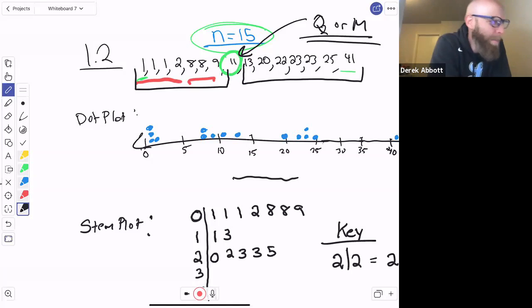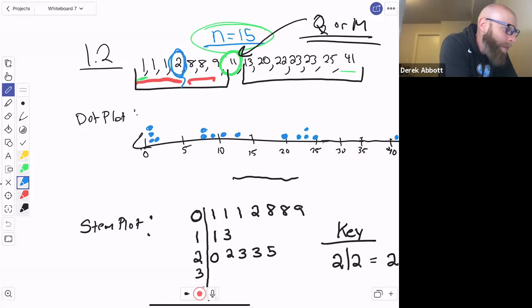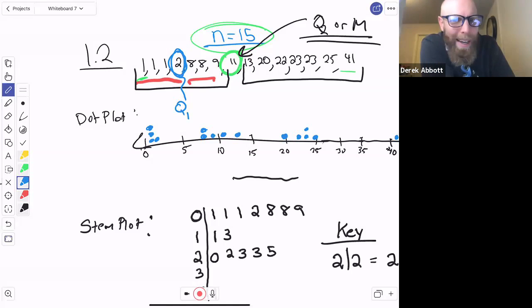All right, but let's talk about quarter one. Quarter one, or quartile 1, is the middle of the lower half of the data. So 1, 2, 3, 4, 5, 6, 7 values. So we want the direct center value of that. Well, that's going to be 2. There you go. There is quarter 1 of the data. Quarter 3 is going to be the middle of the upper half of the data. 1, 2, 3, 4, 5, 6, 7.